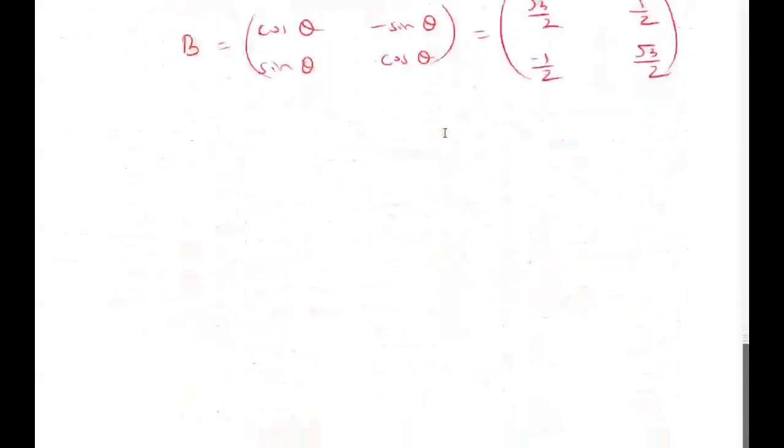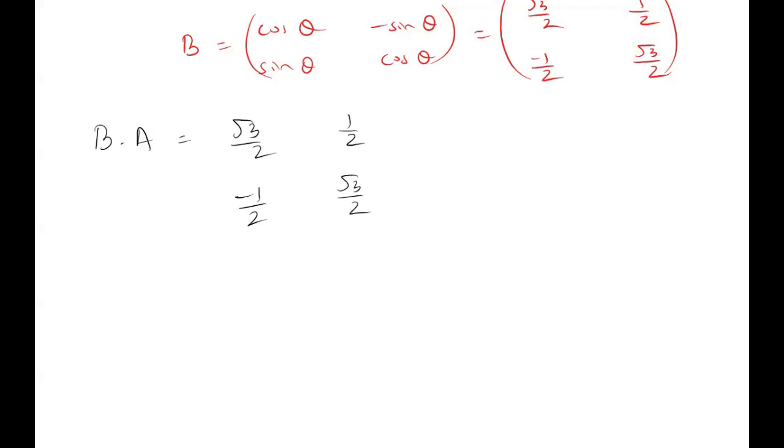The composite transformation matrix is B times A. Here B is root 3 by 2, 1 by 2, minus 1 by 2, root 3 by 2.